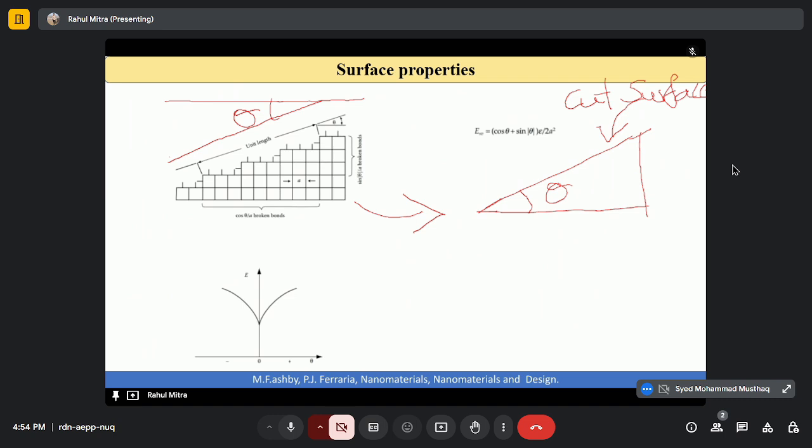Assuming this as my unit length, let us find the number of bonds broken.